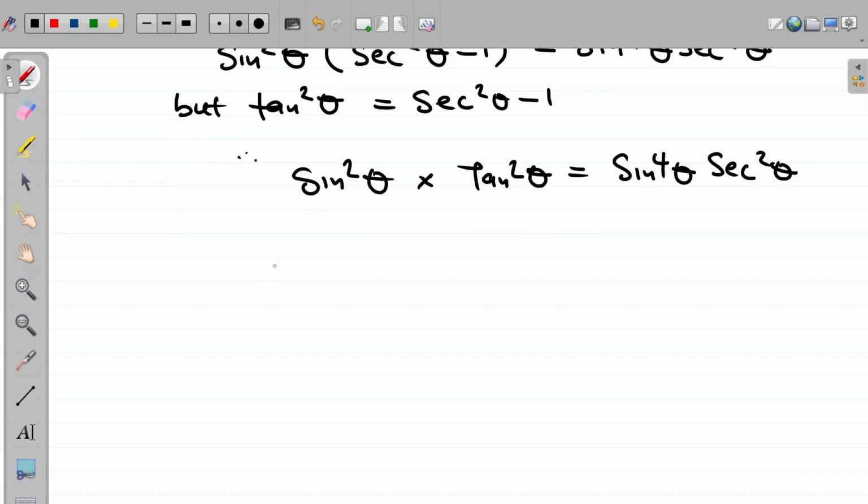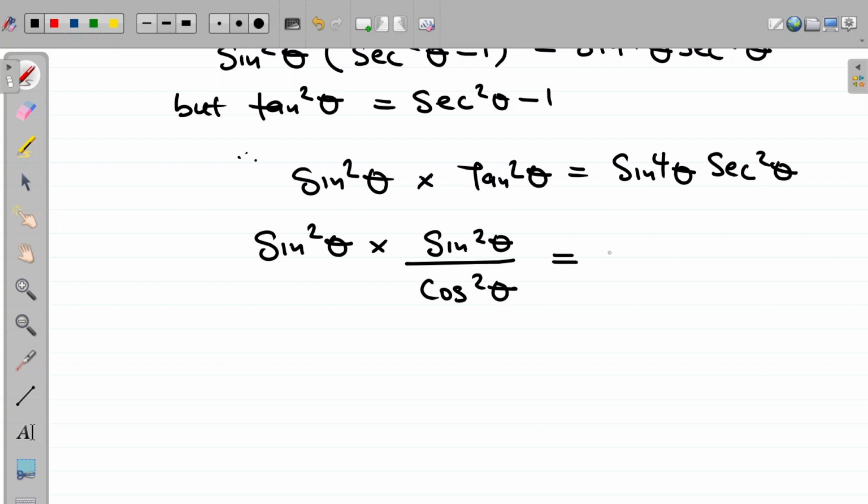So therefore our left hand side is now simplified as sine square theta multiplied by sine square theta divided by cos square theta, which is equal to sine to the power of 4 theta sec square theta.